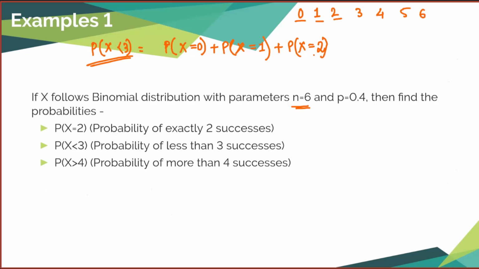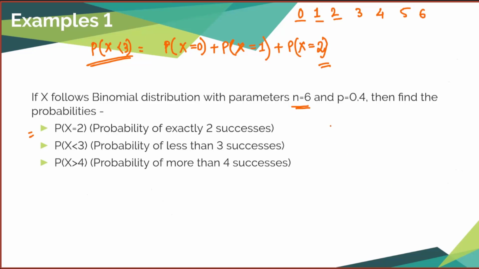So this is the way we calculate probability if it is given less than a particular value, right? So you will have to individually calculate probability of x equal to 0, probability of x equal to 1 and probability of x equal to 2. Now probability of x equal to 2 we have already calculated in our first problem. Now we have to calculate probability of x equal to 0 and probability of x equal to 1.